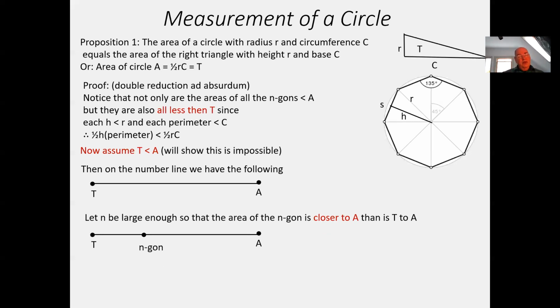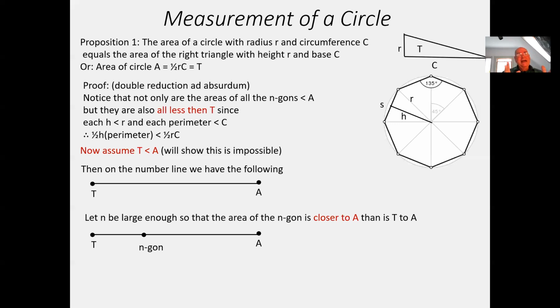Remember, we said that we can pick n large enough that we can get as close to the area as we like. We can get closer than the triangle. This triangle that you're saying is less than the area by some amount. Once you pick that amount, you're dead.